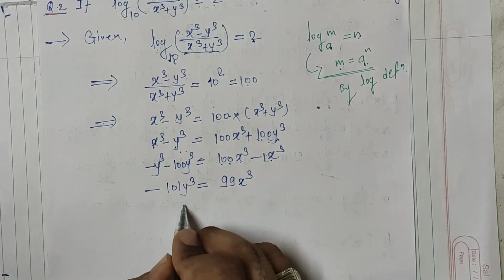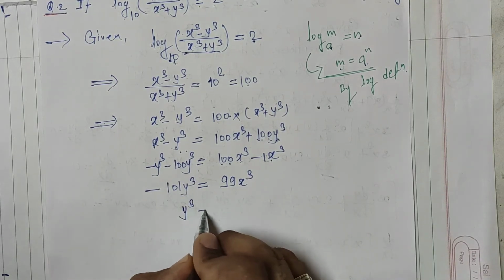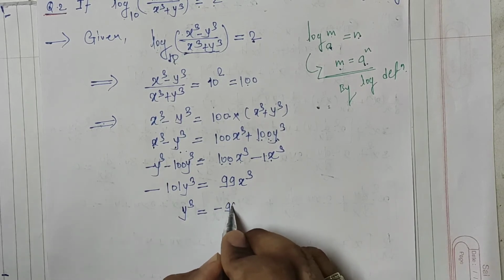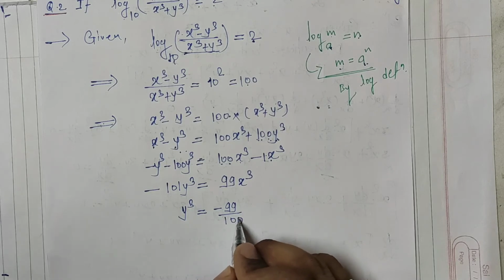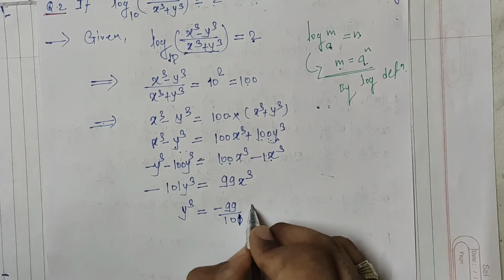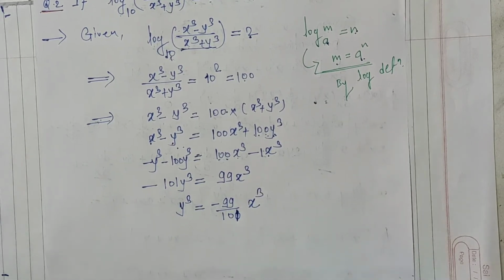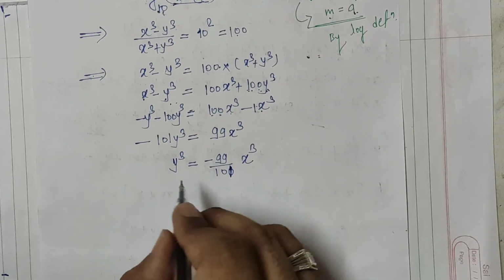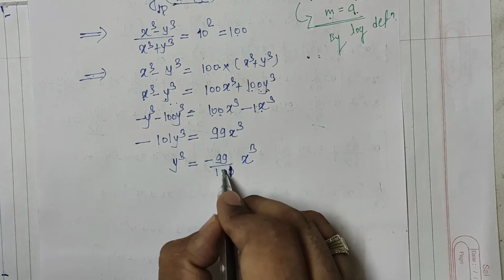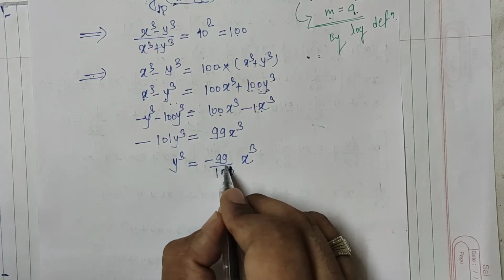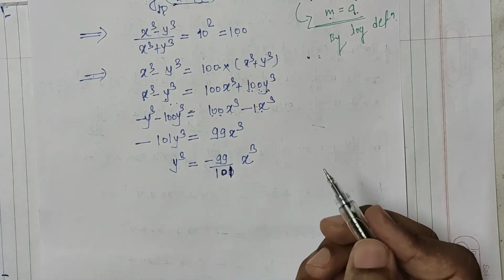Again we can simplify: y cube is equal to minus 99 upon 101 into x cube.